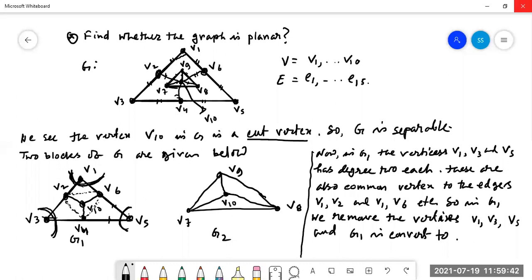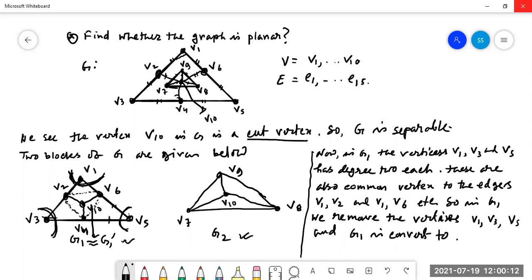After removing the vertex there, it itself became an edge. Instead of two edges, we are putting one edge. Then this modified G1, this part, we say this is G1 dash. Now G1 dash and G2 both are equal.